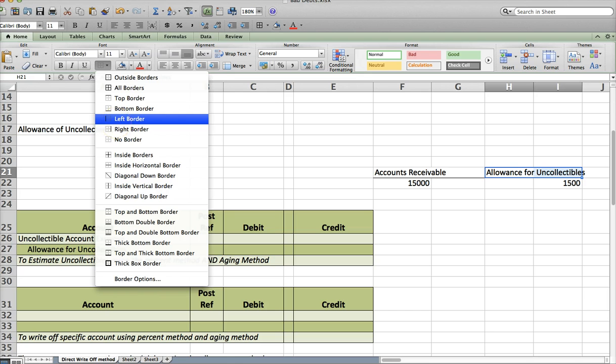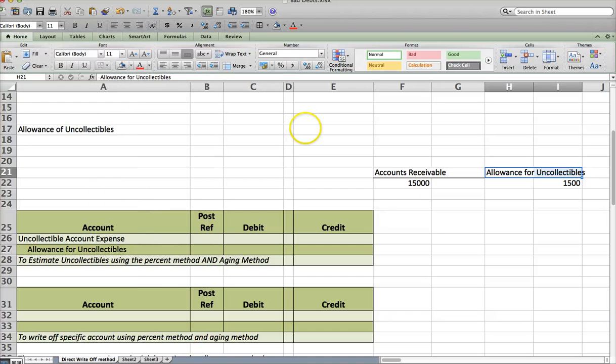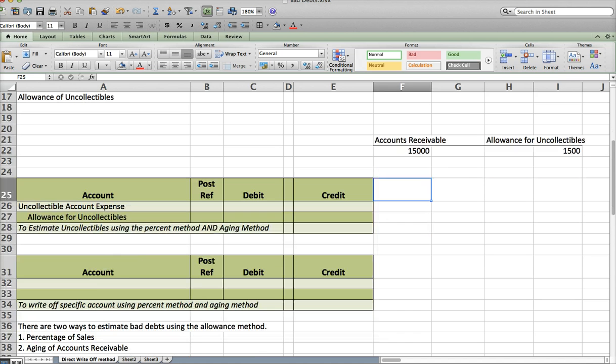So, again, the allowance account is called a contra to the accounts receivable account, and that's why it has the opposite balance. All right, so this is when you estimate it at the beginning of the period. Then throughout the period, when you decide which customers are not going to pay you and you're ready to specifically write off an accounts receivable, this is what your journal entry is going to look like.